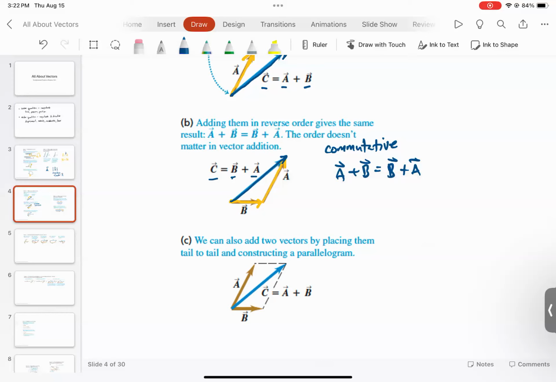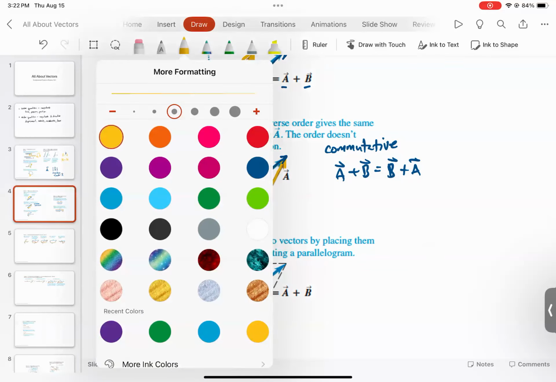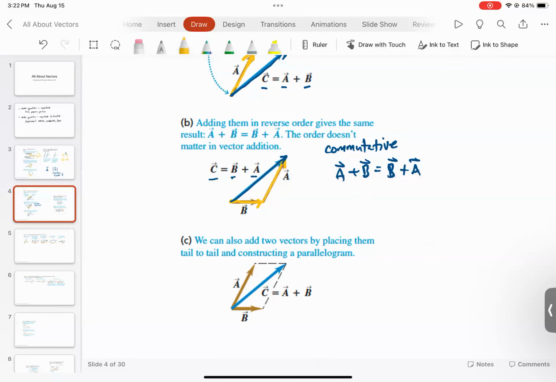So, ang gagawin natin is first, yung dalawang vectors ay i-drawing natin na tail to tail. So, vector A and vector B. So, yung dalawang tails nila ay magkadugtong. Then, we draw a parallelogram.